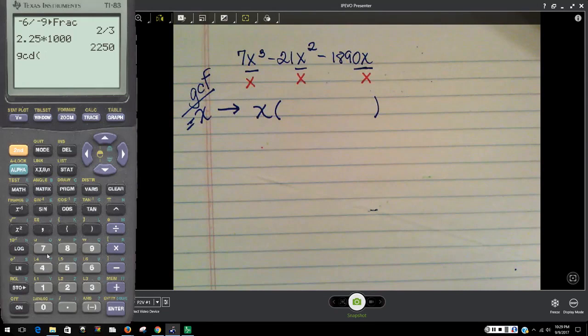And first we're going to put in 7 and 21. We're not going to worry about the negative signs. Greatest common divisor of those is 7. Greatest common divisor of 21 and 1890 is 21.